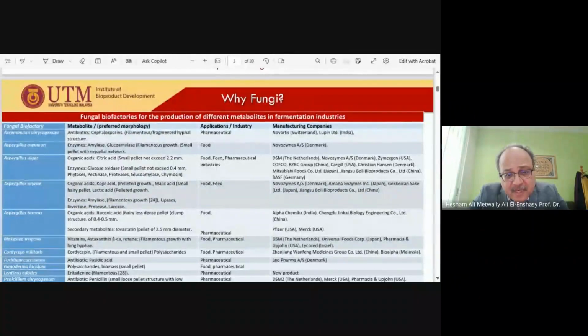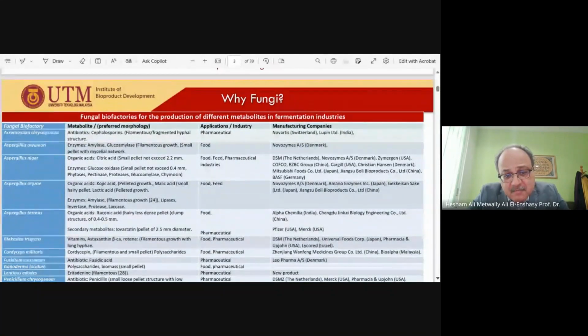Aspergillus oryzae is preferred to be in a filamentous growth, and it produces lipase, invertase, and protease. And Aspergillus terreus, for itaconic acid, needs a hairy and less dense pellet structure, and the pellet should not exceed 0.5 millimeter diameter.